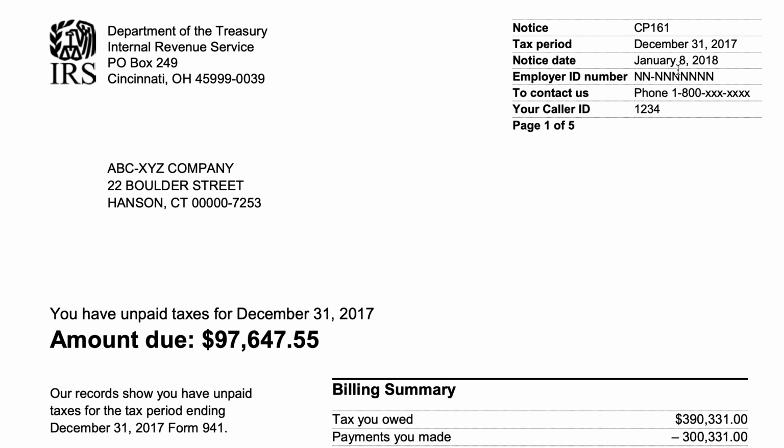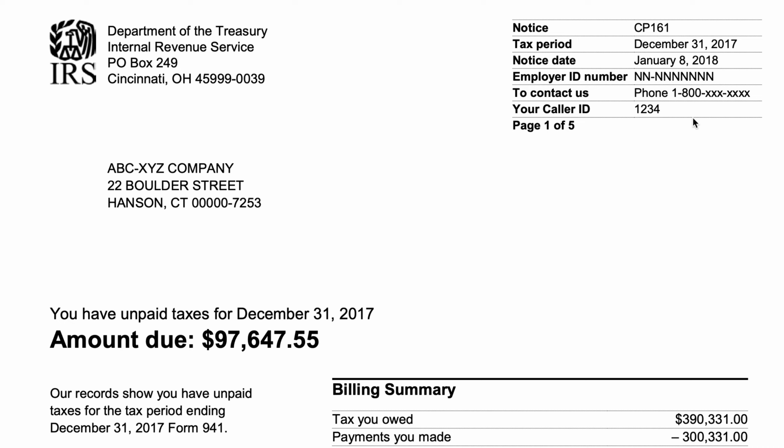A lot of notices may contain something to the effect of, if you don't pay within 3 weeks of the notice date, then we will have to adjust your penalties and interest. So pay particular attention to the notice date so that you can understand what your timeline will look like based on the response that you plan for the IRS.